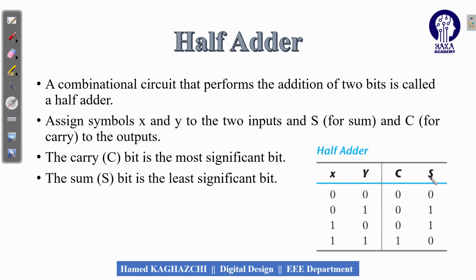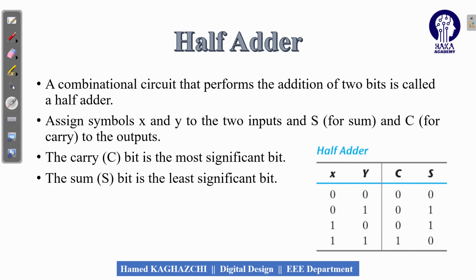Similarly, if we look at the column of S, you can see that when we have 0 0, we have 0. When we have 1 1, we have 0. And when x and y, one of them is 0 and the other one is 1, the output is 1. So the column S is the output of the XOR gate.